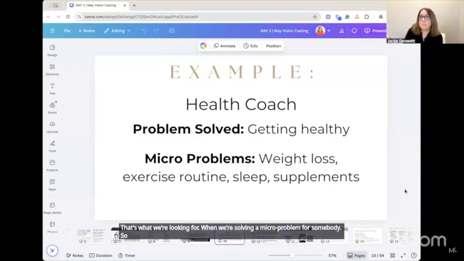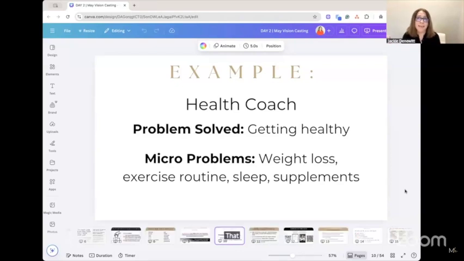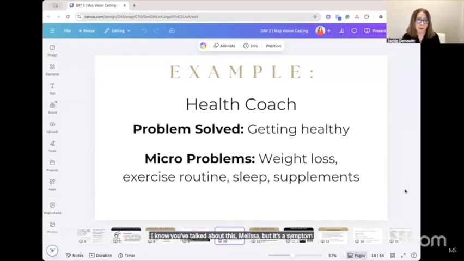So this is a big exercise that everybody should be doing, is breaking your overarching problem that you solve down into small problems. And we're looking for the things that show up, and somebody online said the other day, it's something that kicks you in the teeth every day. It just shows up in your face every day. It's a symptom. I know you've talked about this, Melissa, but it's a symptom of a bigger problem.